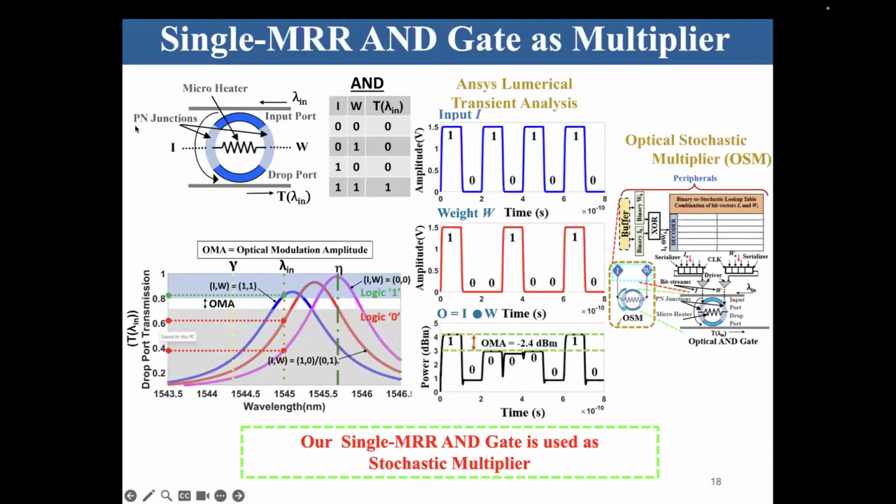It is worth mentioning over here that the operation of this microring actually becomes polymorphic. If you control the position of eta with respect to the input wavelength, you can program the same device to operate as an AND gate, OR gate, NAND gate, NOR gate, even XOR gate, and so forth.